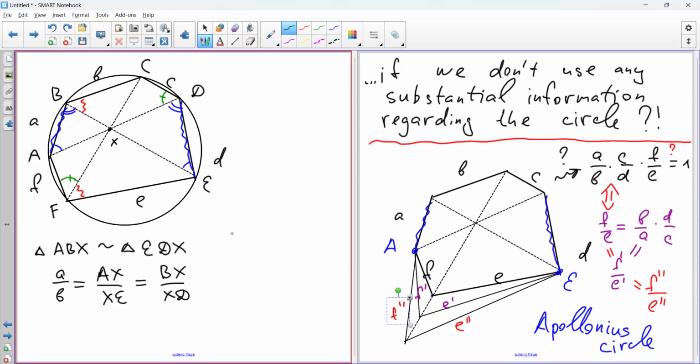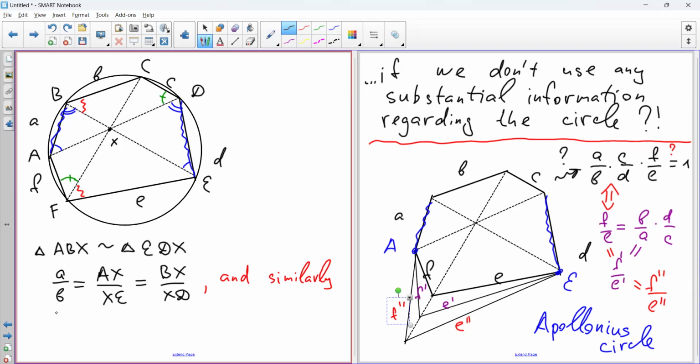So that's how we can extract. Similarly, we can extract the similar equalities for other segments, right?